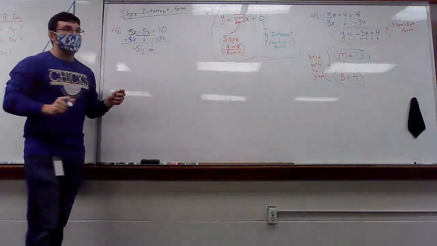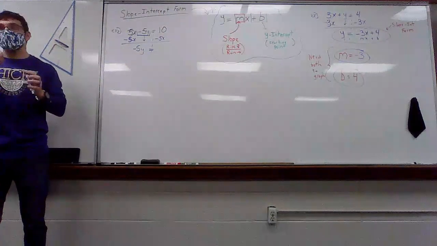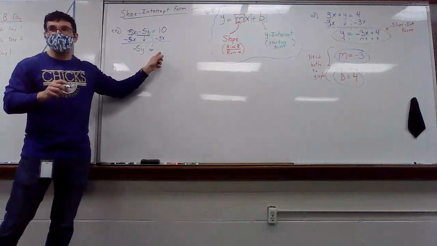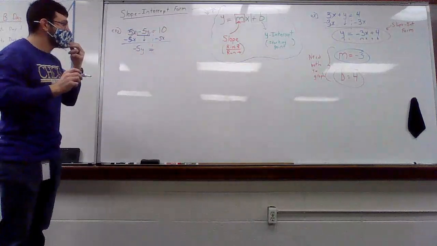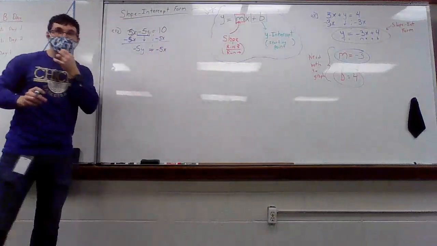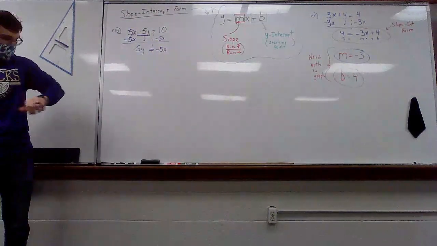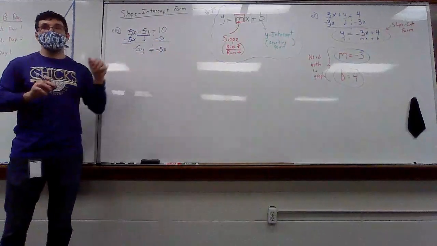Equals. What should I put closest to the equal sign? Raise your hands. What term needs to go closest to the equal sign to try to get it into y equals mx plus b? Bailey. Negative 5x. The x term always goes closest to the equal sign. Everybody still with me? Okay. What's going to be the last thing?